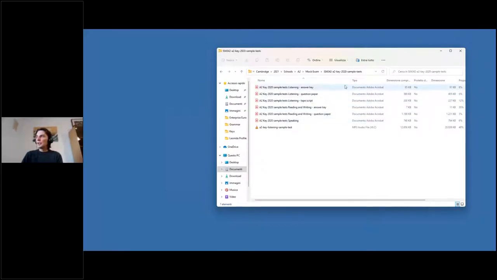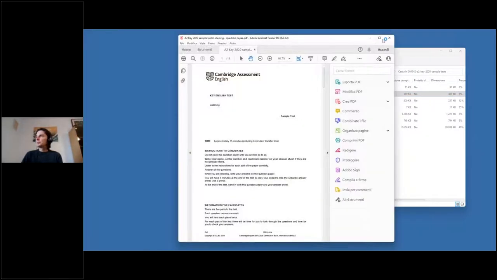Open that zip folder, and you are going to need this file right here, sample tests, listening, question paper. And this is the paper we are going to use tonight for our exam. So let's open the paper.